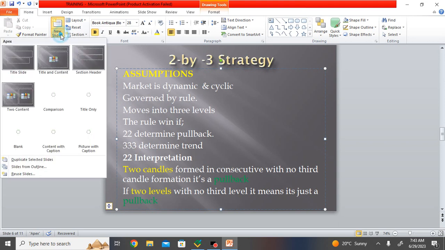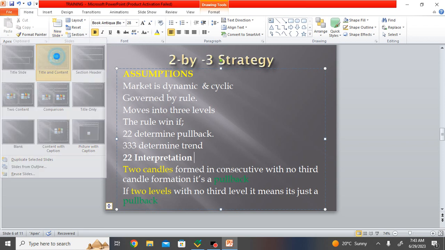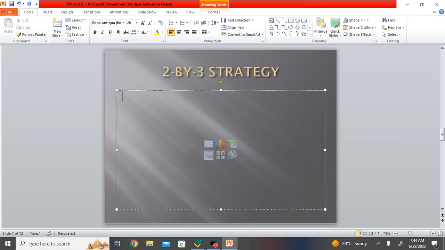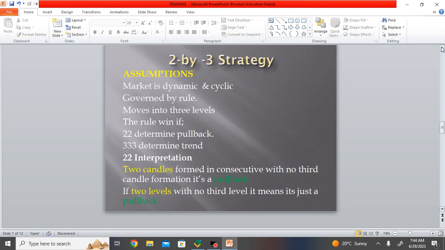Then let me, so this is still 2 by 2 by 3 strategy. So we are going to check this third rule.